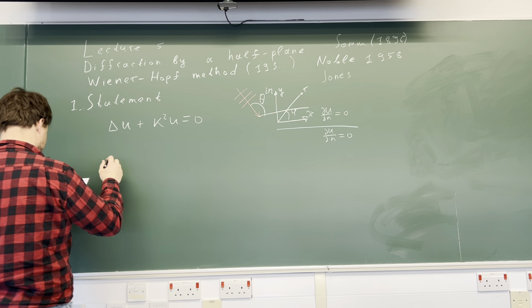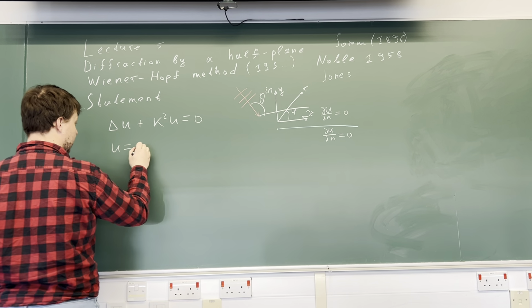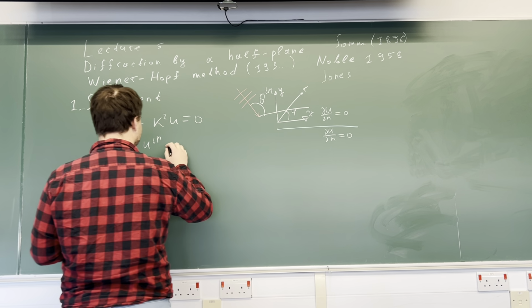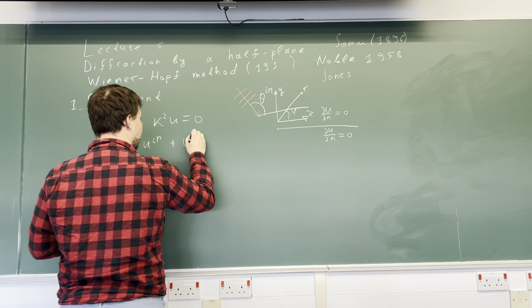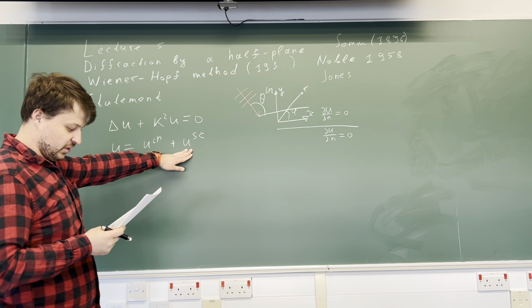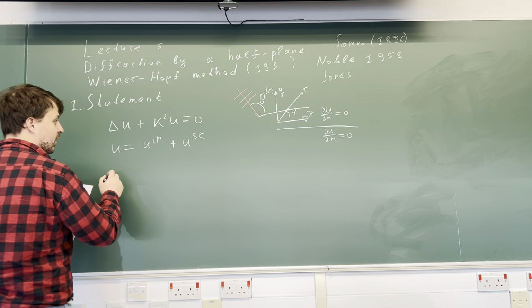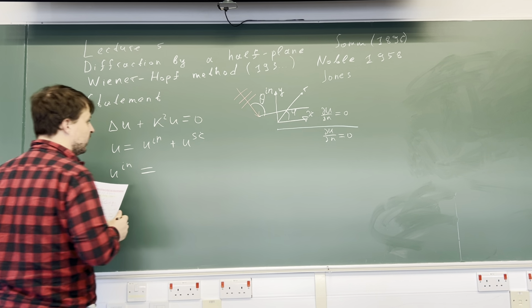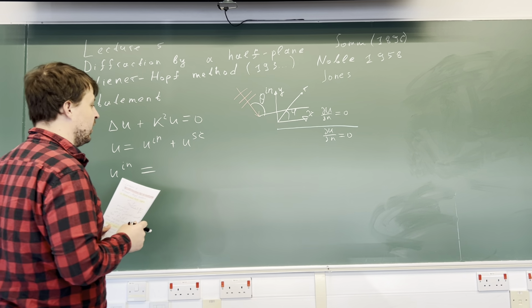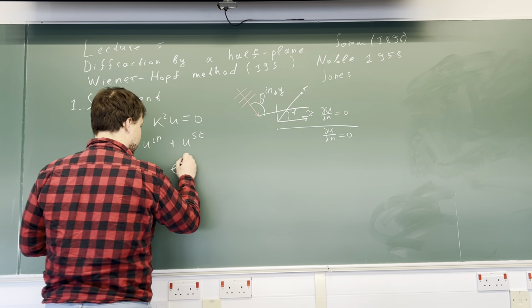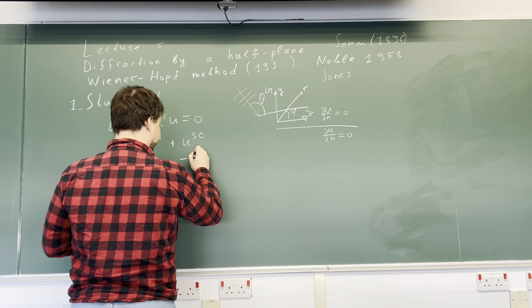Our field is presented as a sum of an incident and scattered field. So this thing should satisfy the radiation condition. And I hope the definition for the incident wave is unchanged from the last lecture, but let me write it down.